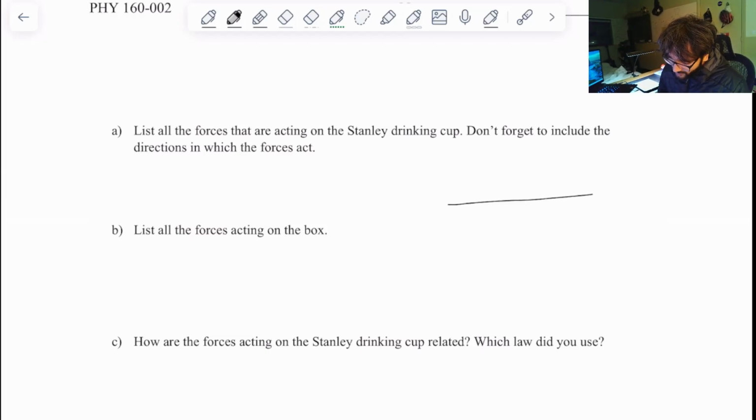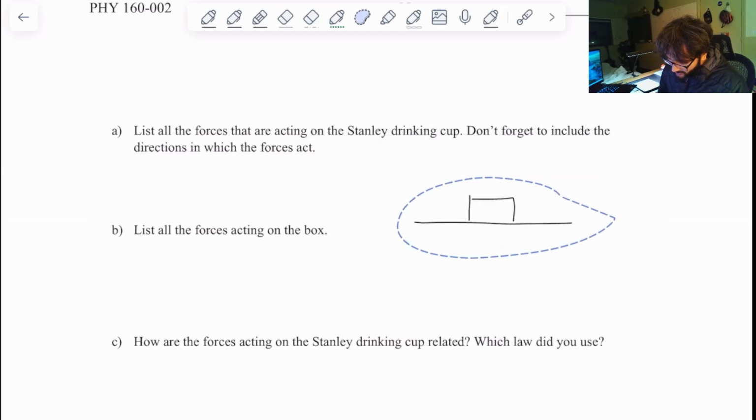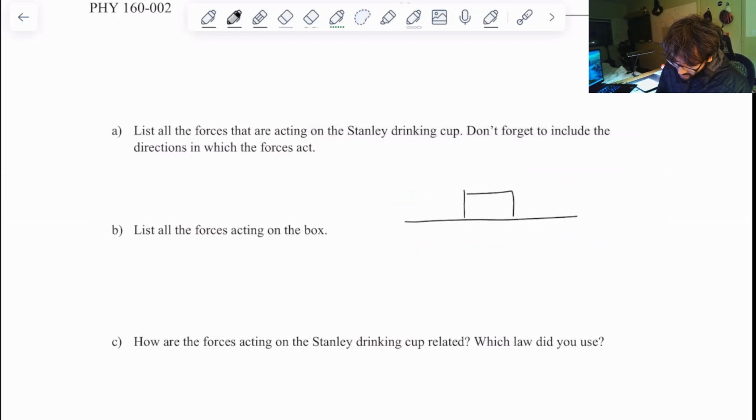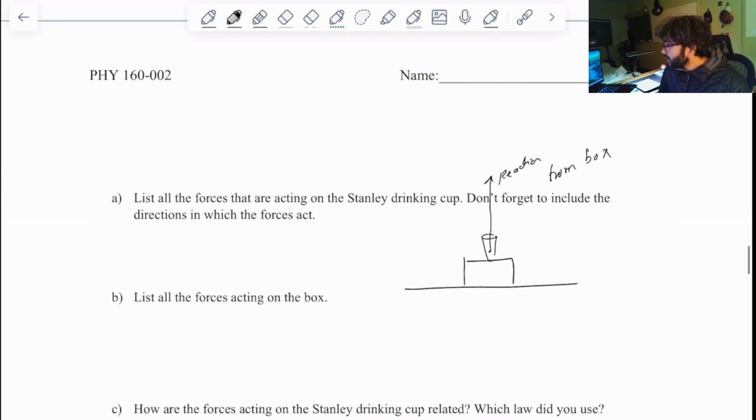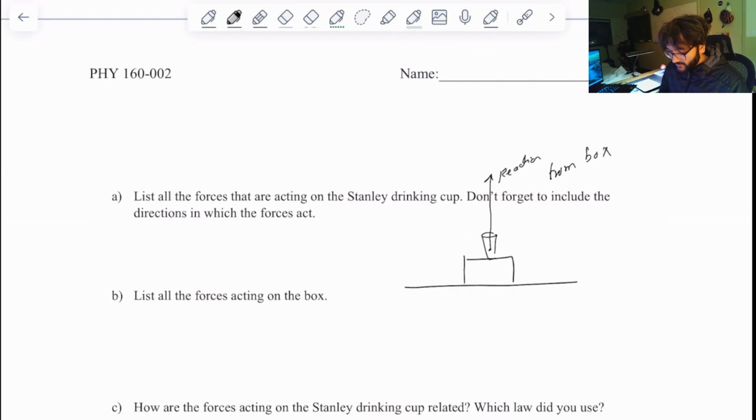So you've got the ground, you've got the box, and you've got the cup. If you're that cup, the only force you are experiencing is the reaction from the box. Okay, so that's the only force you're experiencing.